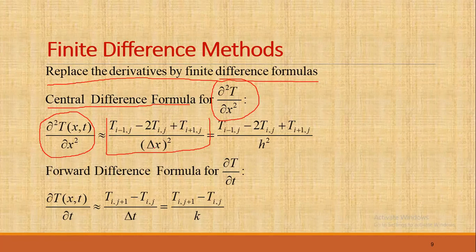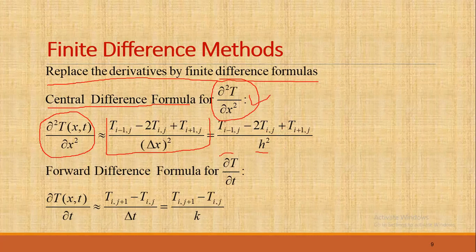If we consider delta x as length h, we write T of i minus 1, j minus 2 T_ij plus T_{i+1,j} upon h squared. So we use the second order derivative and we use the central difference formula.